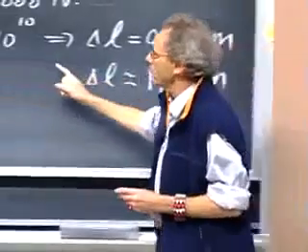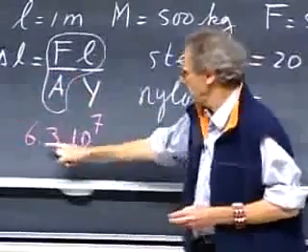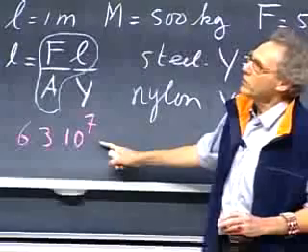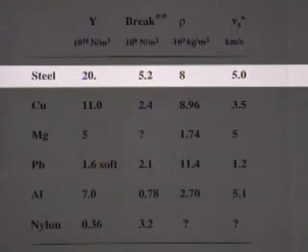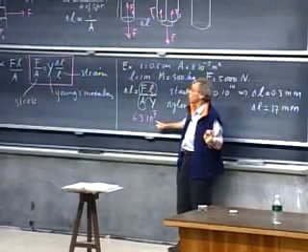will simply break. If we take the case that we have here, the steel rod, for which F over A is 6.3 times 10 to the 7th, because L is 1, remember, then you can look there under steel that it wouldn't break. We would be very safe, because it wouldn't break until F over A becomes 5 times 10 to the 8th. And so we're a factor of 10 away from that. There's no problem.